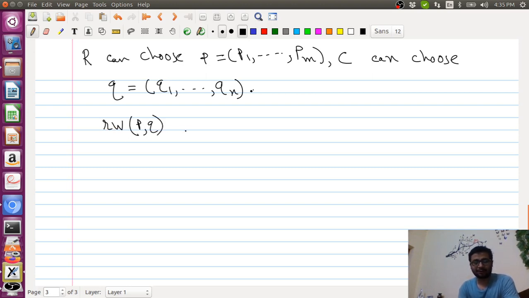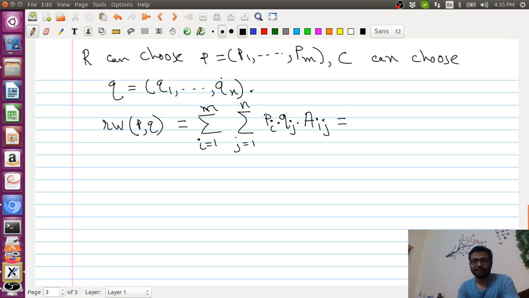This is the expected payoff of R, which is just summed over i equal to 1 to m, j equal to 1 to n, the probability that R chooses Ri times the probability that C chooses Cj times the corresponding payoff value, which is Aij.